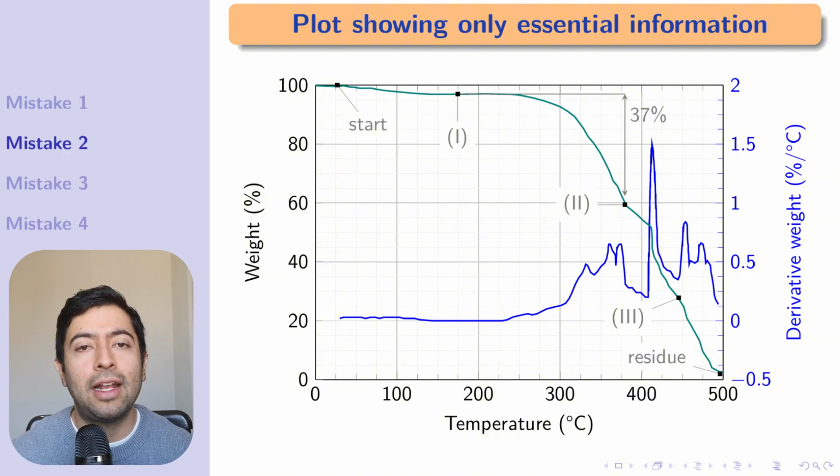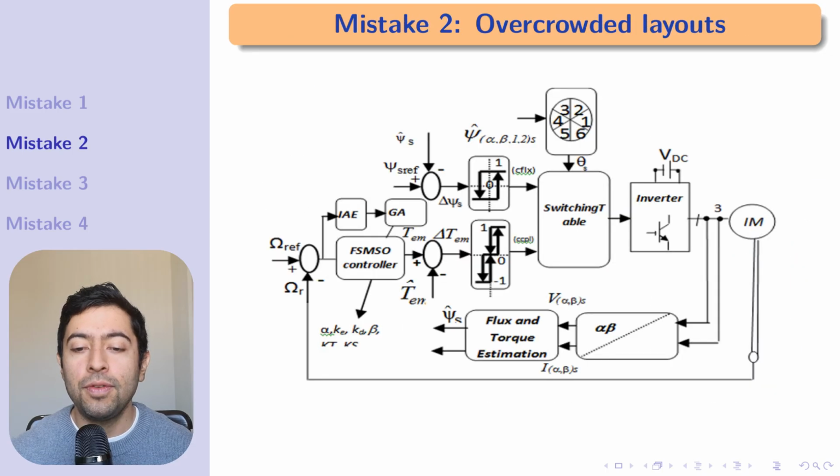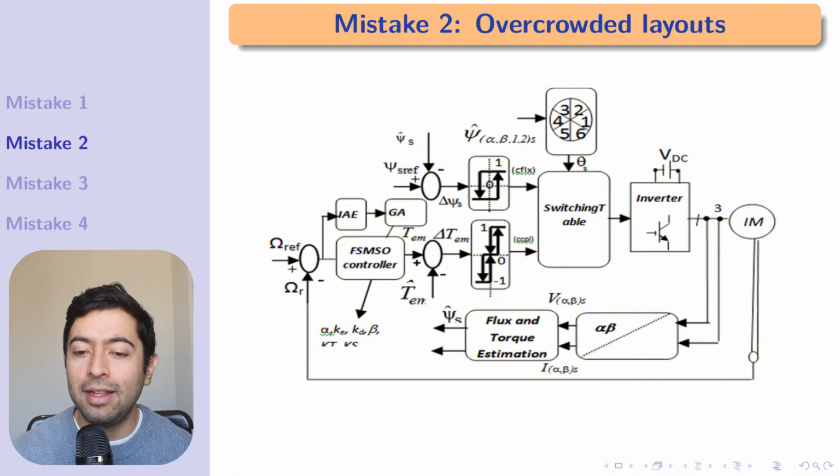Let's go to the second example. This is a chart from controls engineering showcasing a very complex control process, right? And in this case, you might feel a bit overwhelmed by the many boxes, many types of fonts, and the curved lines.